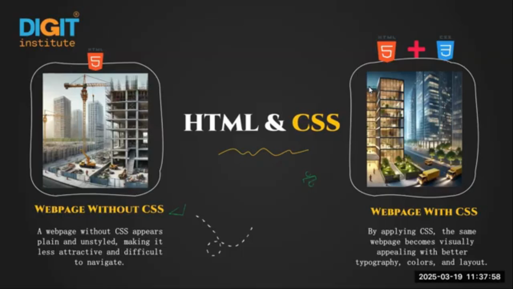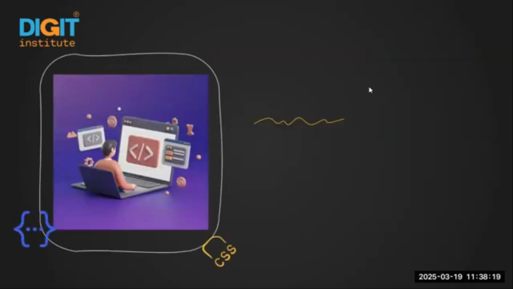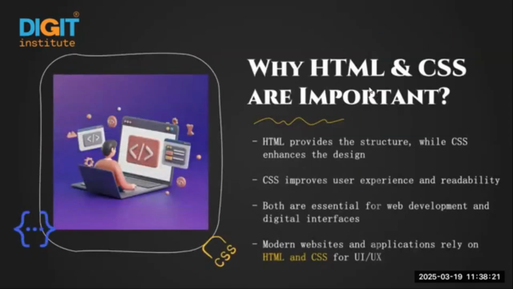All this is considered under CSS. So this is the major difference between a web page with CSS and a web page without CSS. Next we are going to understand the importance of HTML and CSS.